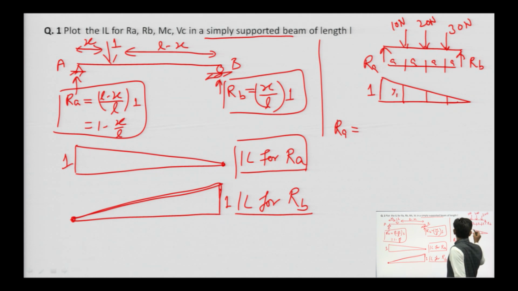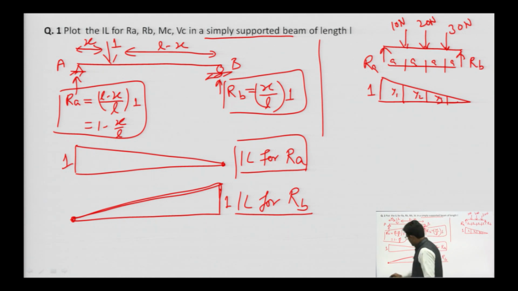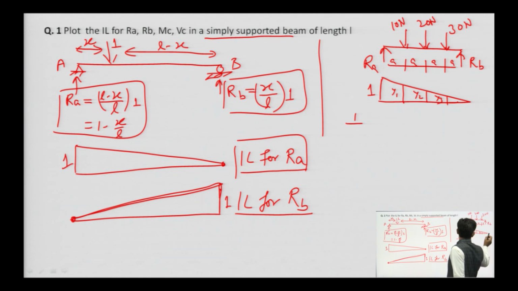Say this is y1, y2, y3. The calculation of ordinates is very simple: 1 divided by total length, which is 4A, is equal to y1 divided by 3A, is equal to y2 divided by 2A, is equal to y3 divided by A.